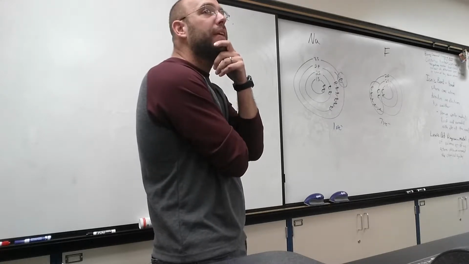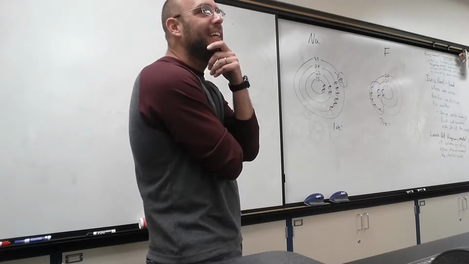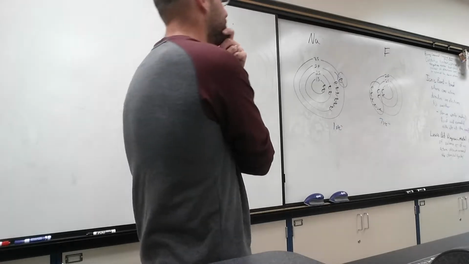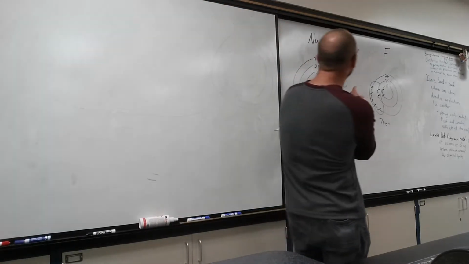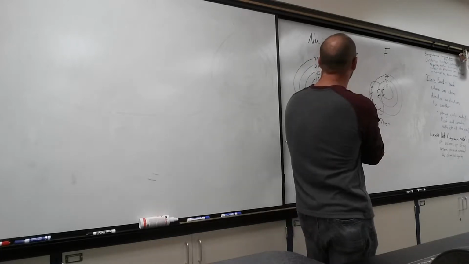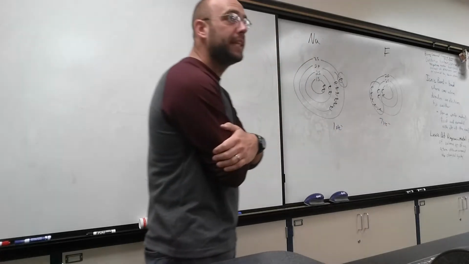Does it have 0 if we get rid of that one? It has 8. I hear light bulbs. I hear them. Right, so if I can get rid of this 1 electron, we get rid of the level 3 altogether, and we're down to 2, and I have 2s and 2p with 8. Right? You guys see that?